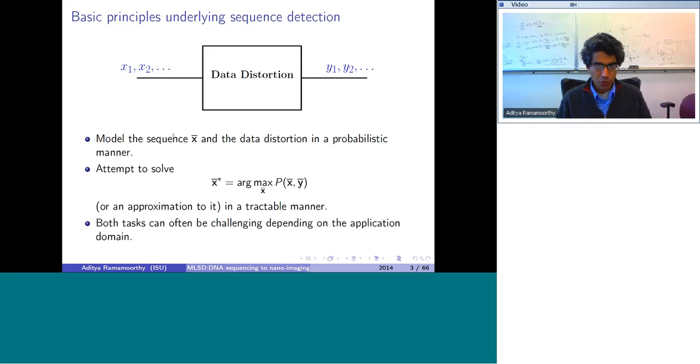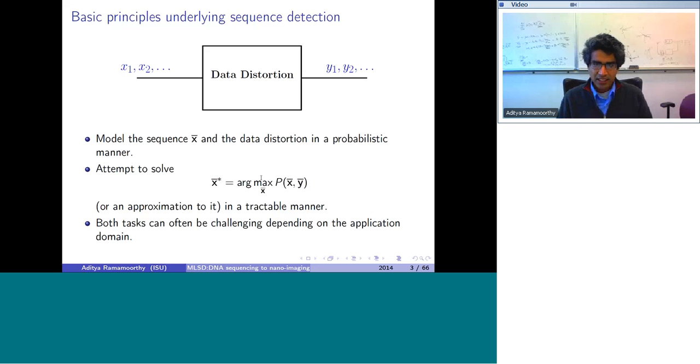The first part is to model the sequence X and the distortion in a probabilistic manner, and the second is to find the X that jointly maximizes the probability of observing X and Y. Either you maximize this quantity in a tractable manner, or some approximation to it.